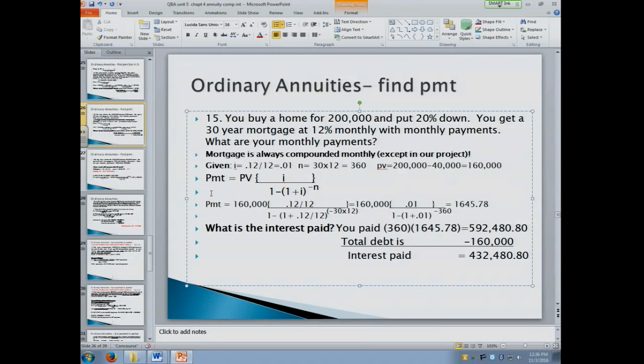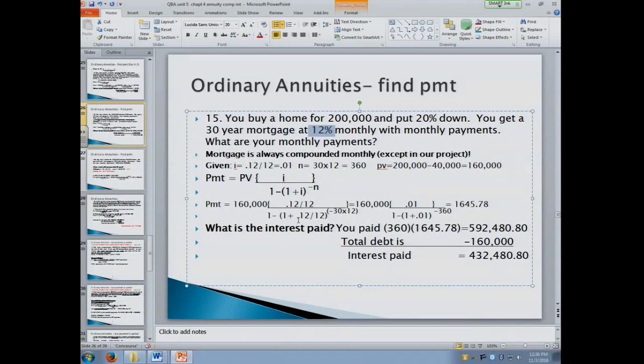When you do your calculation for payment, it comes out to $1,645.78. That's a very high mortgage. Why is it high? Because this is an exaggerated interest rate, 12%. Today's interest rates are around 4 or 5%. Okay, so this is very high.